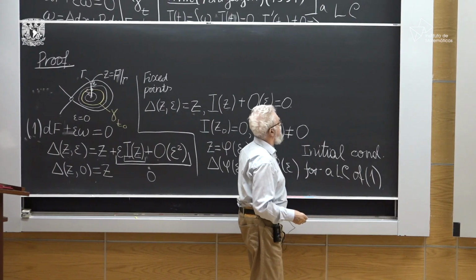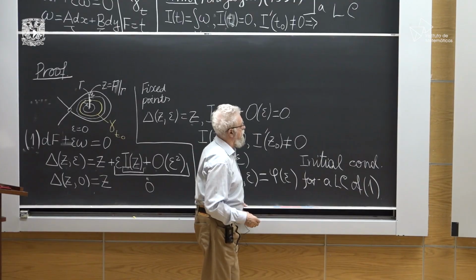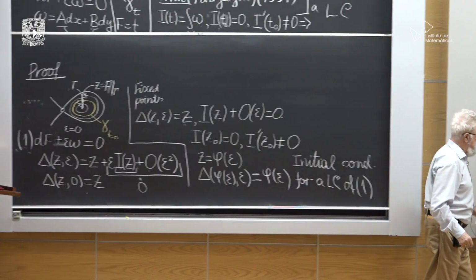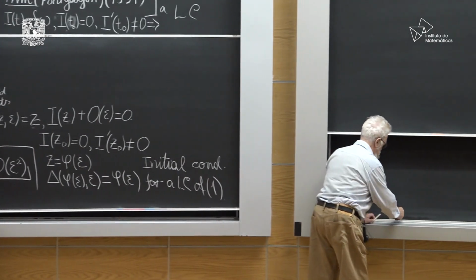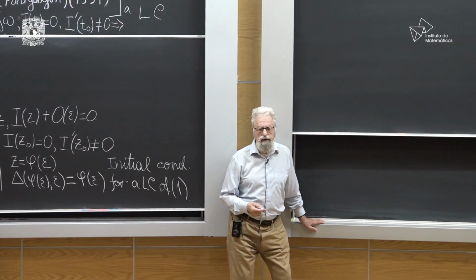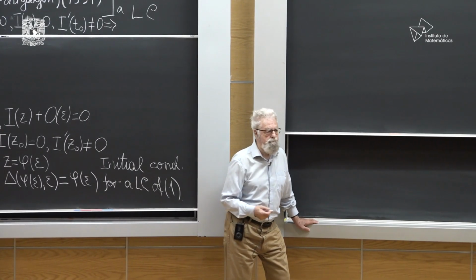So this is the description of the generation of limit cycles from the Hamiltonian vector field.